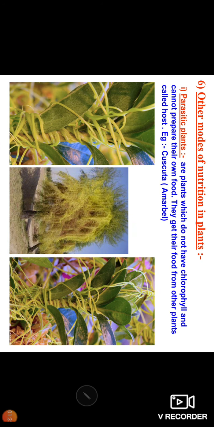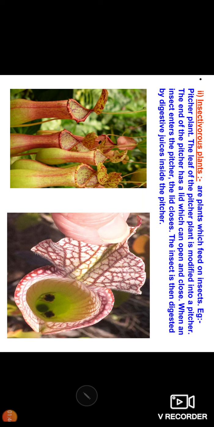And also we have discussed the modes of nutrition in plants. One is the parasitic mode of nutrition. That means the plants which do not have chlorophyll and cannot prepare food are called parasitic plants. Example, cuscuta. And also we discussed the concept of insectivorous plants. The best example is the pitcher plant.